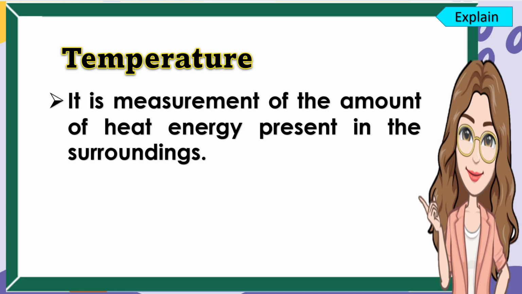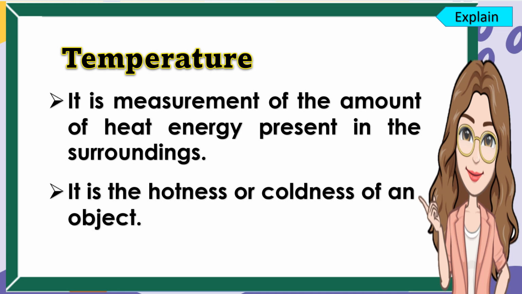To better understand the concept of our lesson, let me tell you first the meaning of temperature. So when we say temperature, it is the measurement of the amount of heat energy present in the surroundings. Another definition is the hotness and coldness of an object.